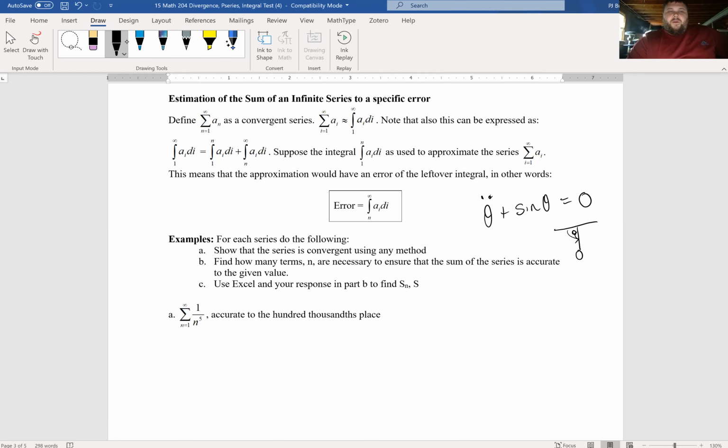So eventually what we're going to do is, once we get through all these tests, we're going to learn Taylor and Maclaurin series. Those are going to allow us to generate polynomial representations for just about any function.